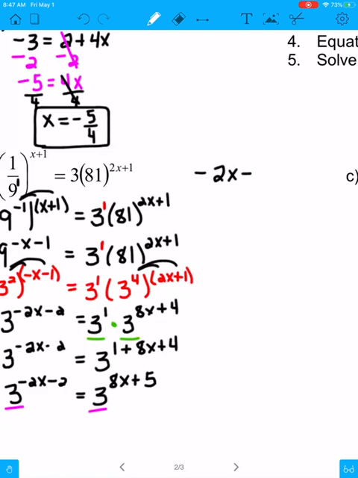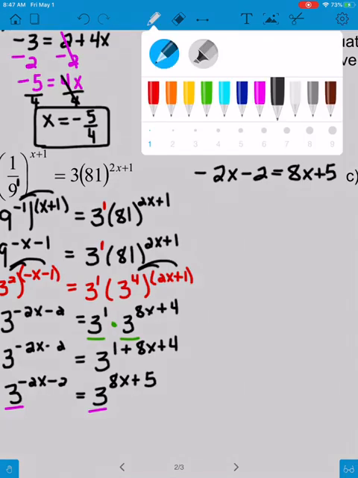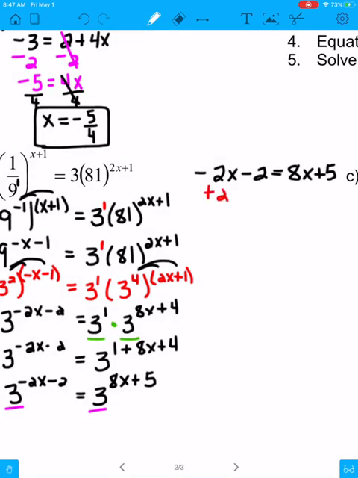Negative 2x minus 2 equals 8x plus 5. Once again, I have an x on both sides, so I'm just going to move one. So I'm going to add 2x. So I'm going to get negative 2 equals 10x plus 5.